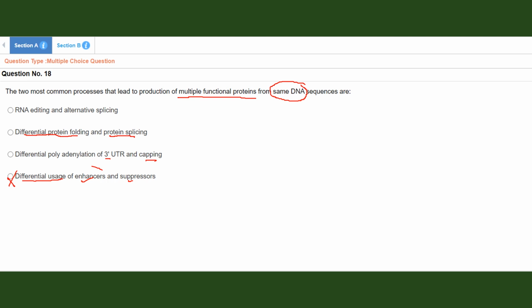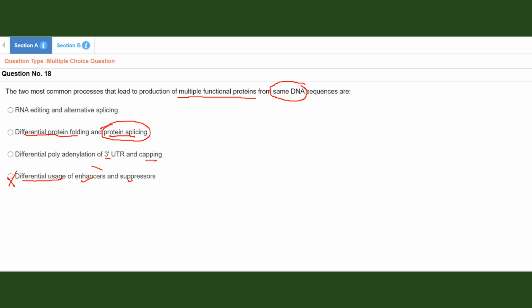Differential polyadenylation of 3' UTR and capping is also talking about the same protein. Differential protein folding and protein splicing: now we know that protein splicing is a post-translational mechanism, and it takes place on the same protein for its activation or activity.